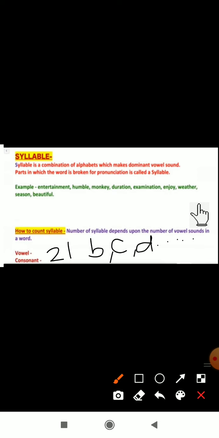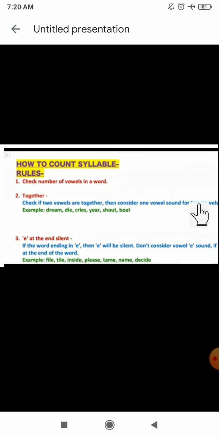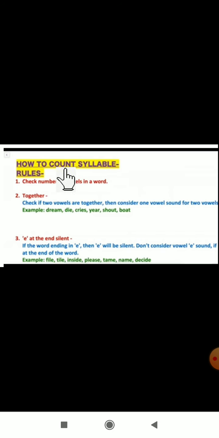Got it. So these are vowels and consonants. Now we have to see the rules. First, how to count the syllables? So here 5 to 6 rules are there for counting syllables. Each rule we have to apply to a particular word. In the first one, I will show you one example.